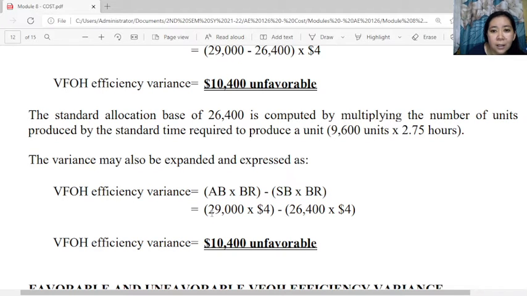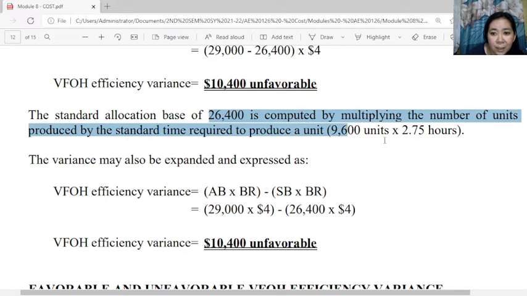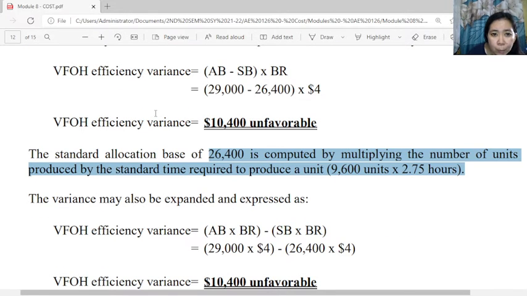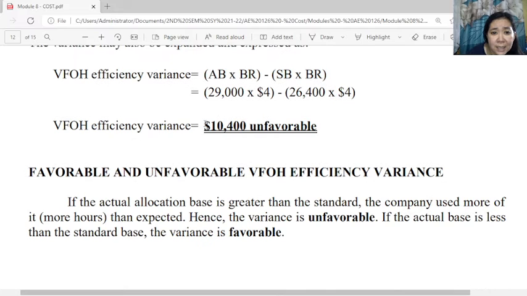Here, the actual allocation base is 29,000 actual hours times the budgeted rate of 4, and your standard allocation base is 26,400. Earlier we discussed how it was computed. Either of these two formulas gives the same answer of 10,400 unfavorable variable factory overhead efficiency or volume variance.